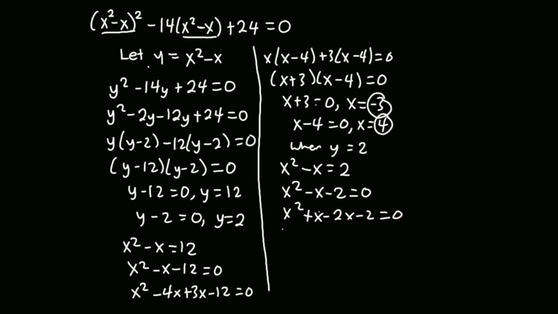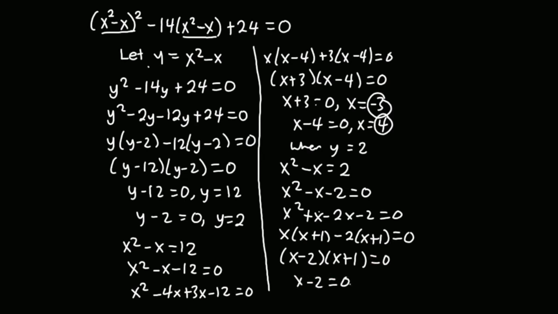Factorizing, we have x into brackets x minus 2, then plus 1 into brackets x minus 2, which is equal to 0. So we have (x minus 2)(x plus 1) is equal to 0. So x is equal to 2, and x is equal to negative 1.